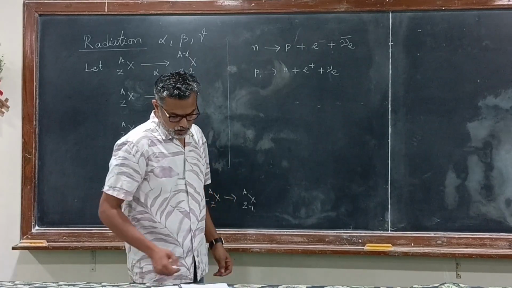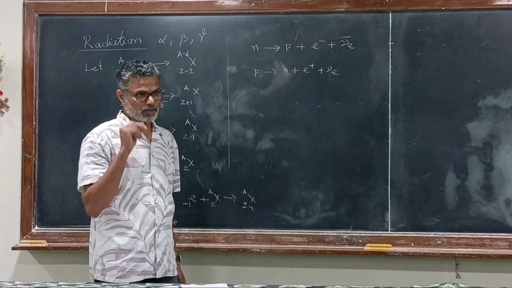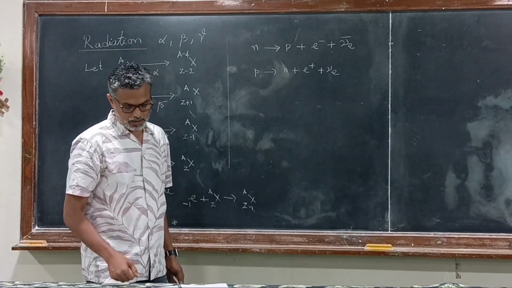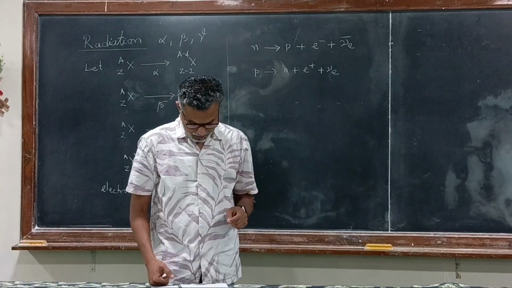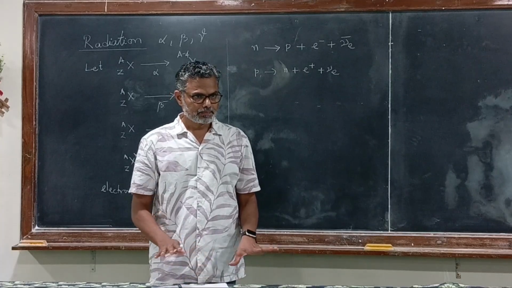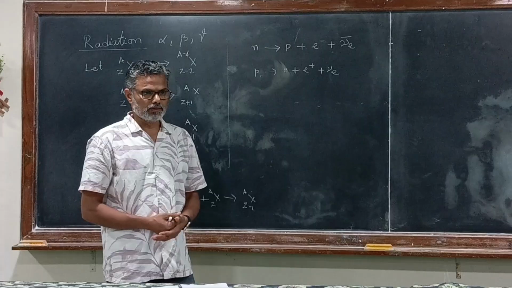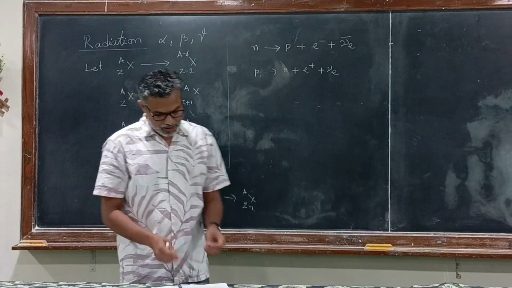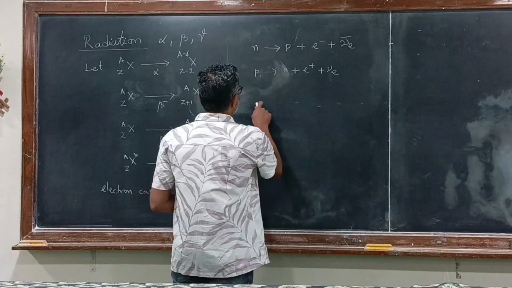So there is something called allowed beta decay and forbidden beta decay. Okay. So the allowed beta decay is something you must have known. Have you studied this allowed beta decay from the angular momentum point of view, the L value? If not, we'll just give the classification. So for allowed beta decay, L equal to 0 emission.